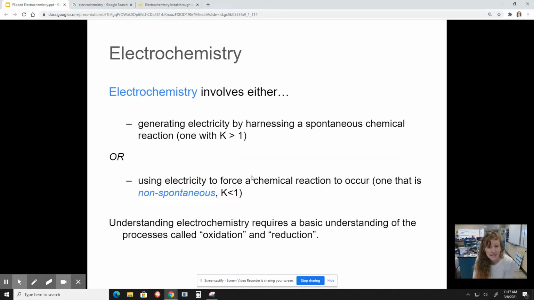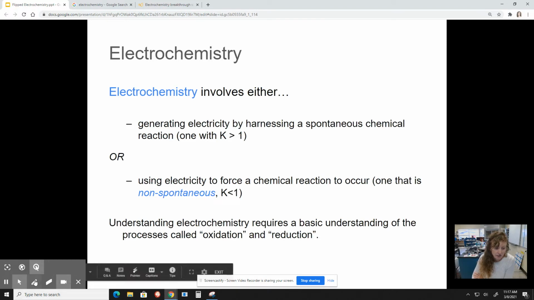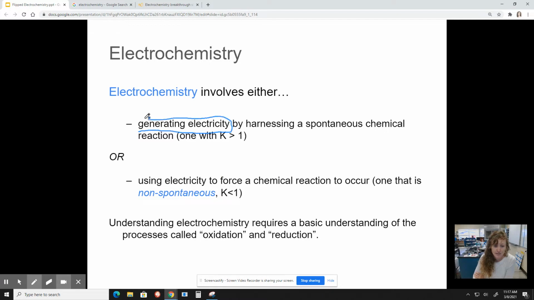Okay, so let's talk about redox reactions and how they are used in this study of electrochemistry. When we're talking about electrochemistry, we're talking about one of two scenarios. We're either talking about generating electricity because our reaction is spontaneous. If we're dealing with a spontaneous chemical reaction that's going to go forward all by itself, this spontaneous chemical reaction is going to promote the movement of electrons.